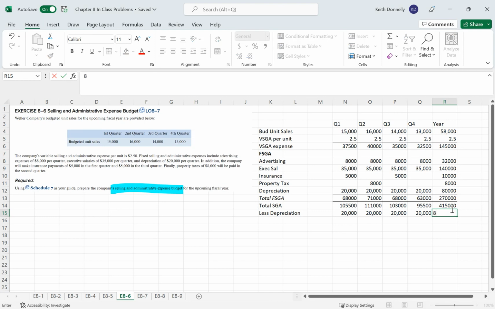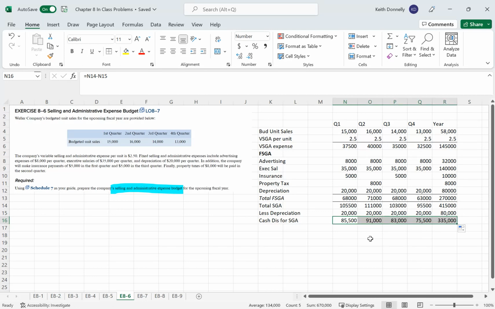And you total that, it's going to be 80,000. That will give you our cash disbursements, our out-of-pocket cash for SG&A. Or in other words, depreciation is a non-cash item. You subtracted it.